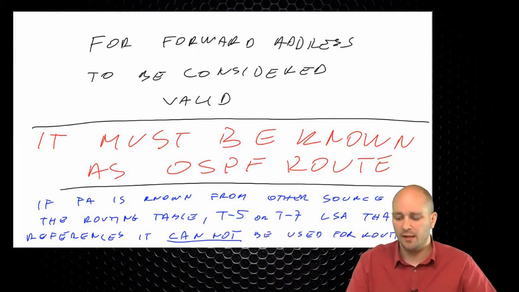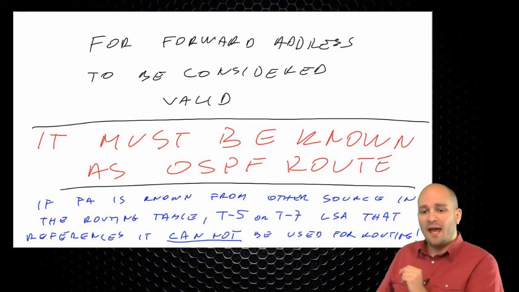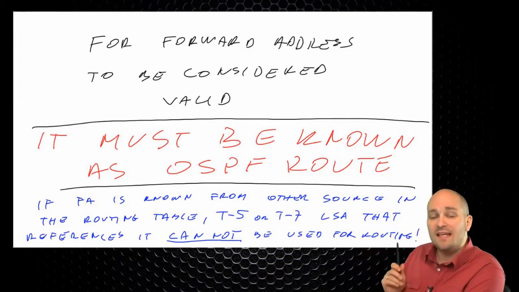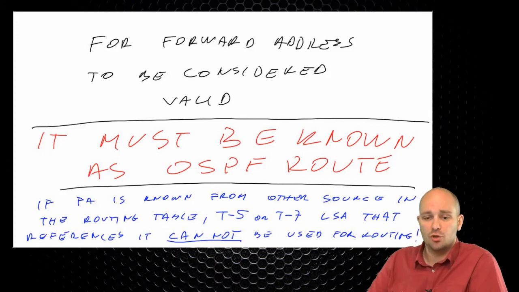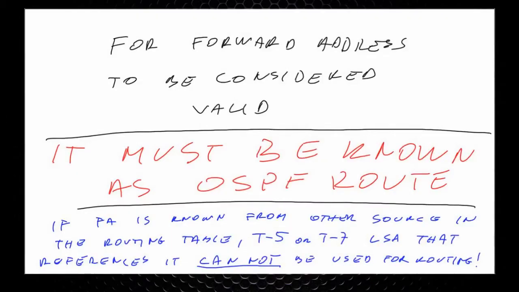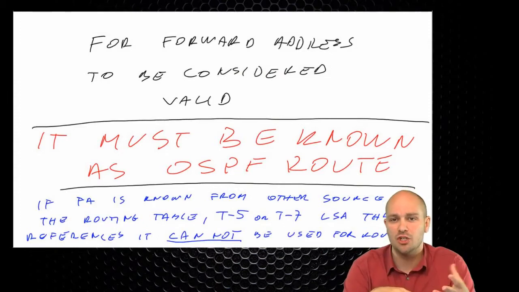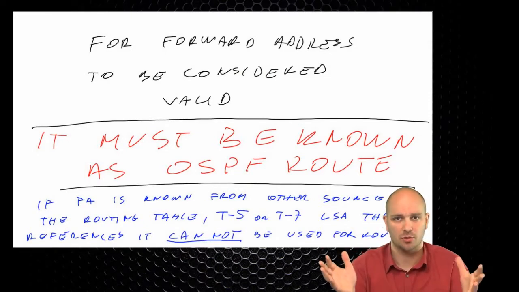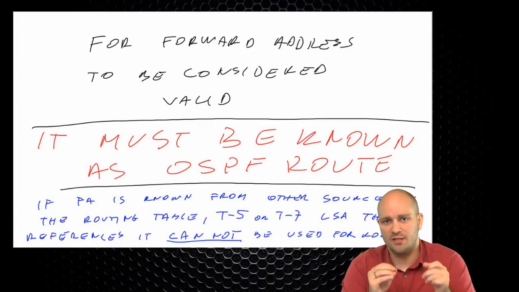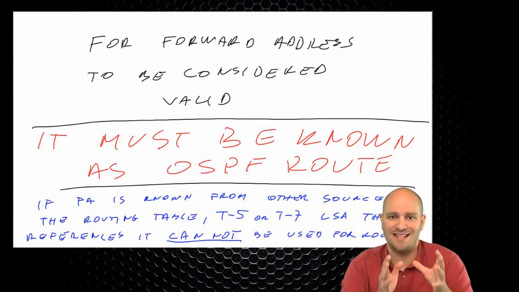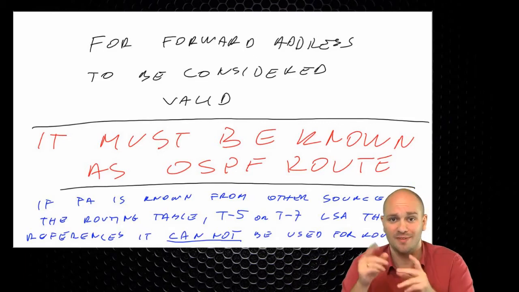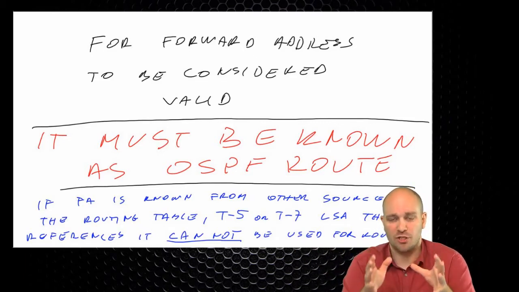This is extremely important, because if the forward address is known from any other source in the routing table, that means if you have a forward address that is known by a static route or from EIGRP or from RIP or any other routing source, that will cause OSPF to consider the LSA that is referencing this forward address from this other source to be invalid.